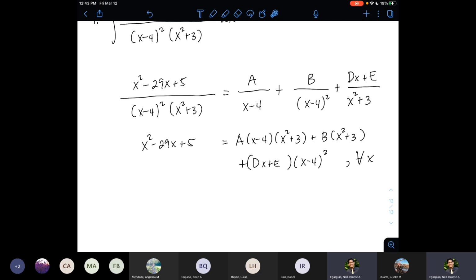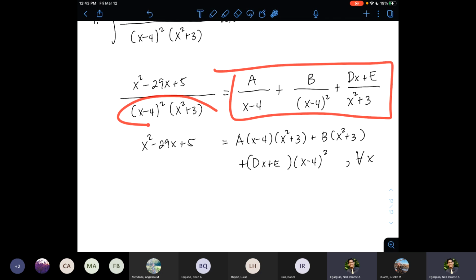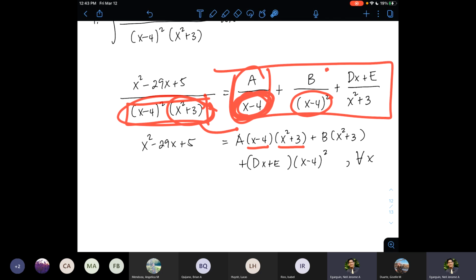Because you can imagine this to be both sides being multiplied by the denominator, right? So a already has an x minus 4, so it only lacks an x minus 4 and an x squared plus 3, because I'm comparing it with this guy. If you look at the second term, it already has an x minus 4 squared, so it only lacks x squared plus 3. That's why that's the only multiplier. And then the third fraction already has an x squared plus 3. All that's missing is an x minus 4 quantity squared, and there you go.